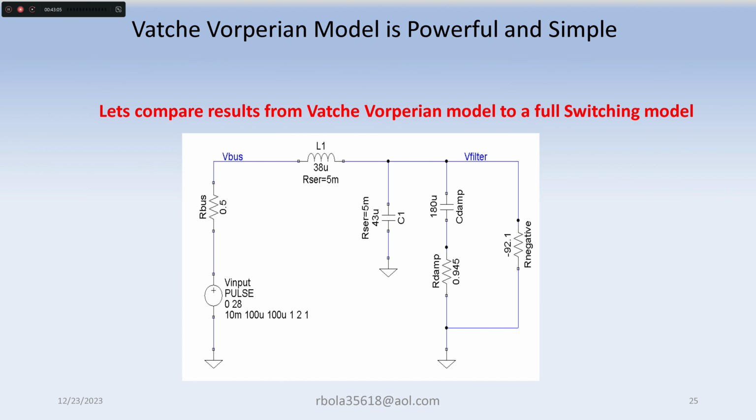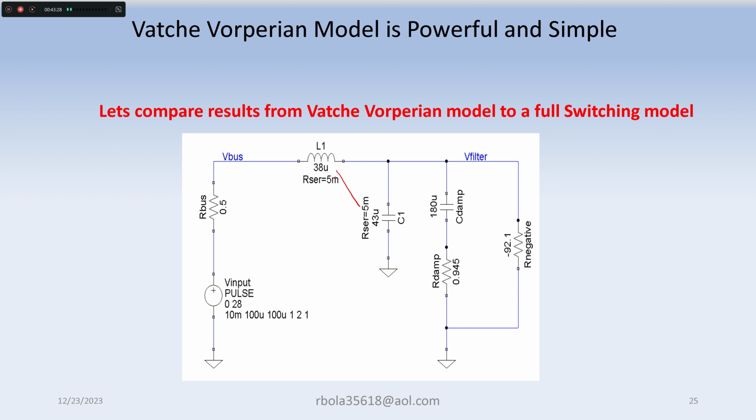Okay, so now let's see the model where I saw the negative resistance, and I saw this in the Vatché Vorpérian book, and it's a simple but powerful model. Again, you see everything in here.